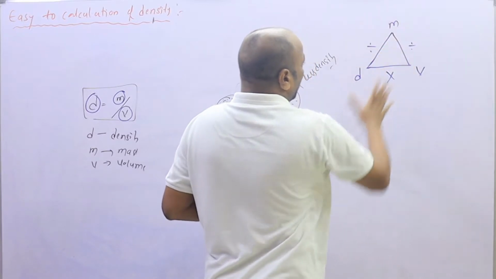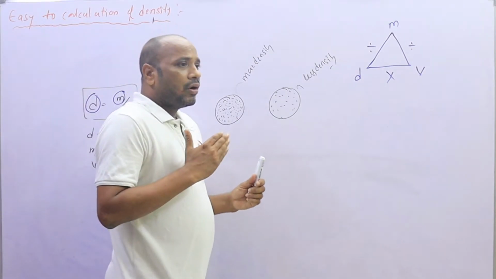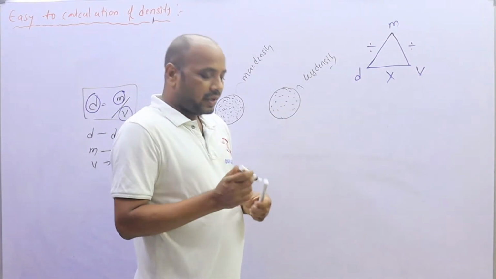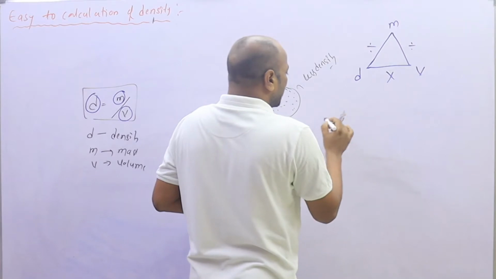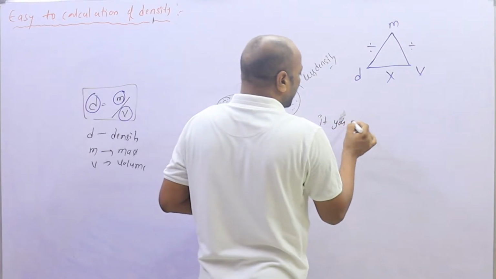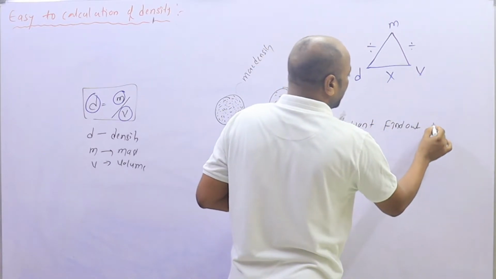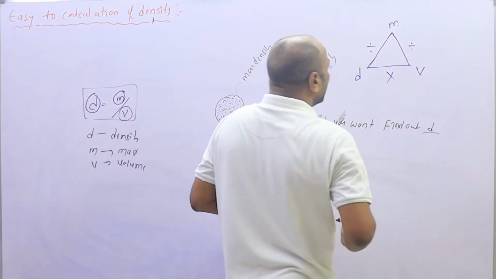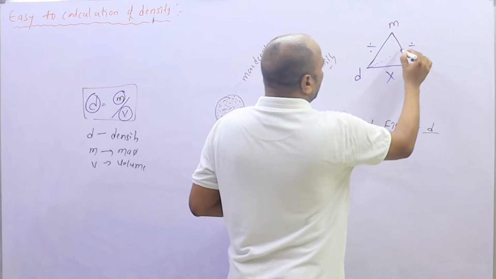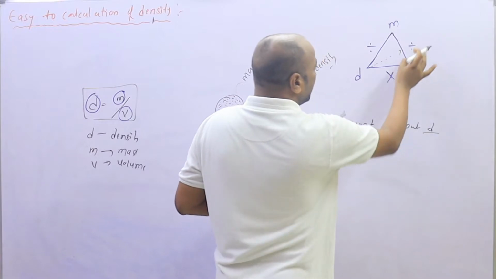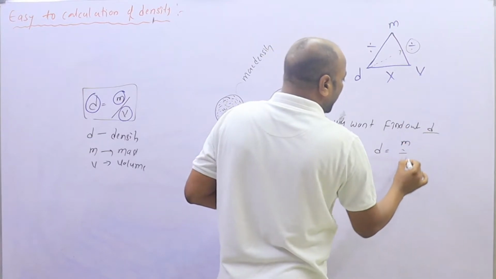If they ask you to find out density, density is mass by volume.